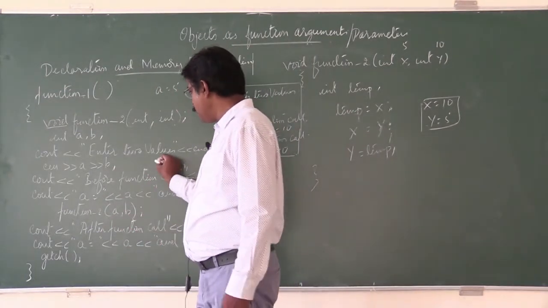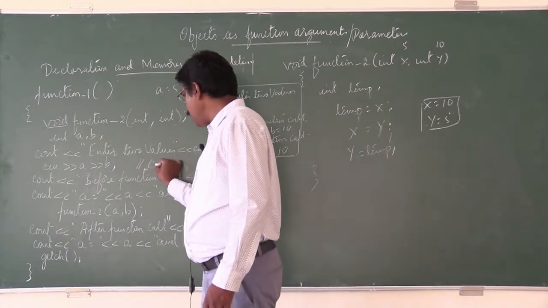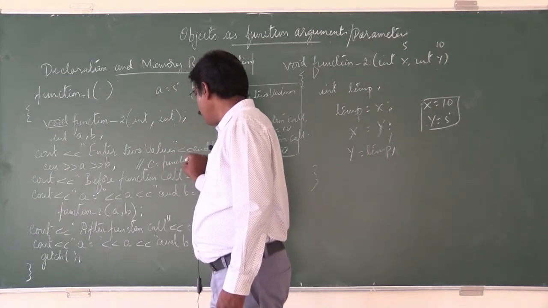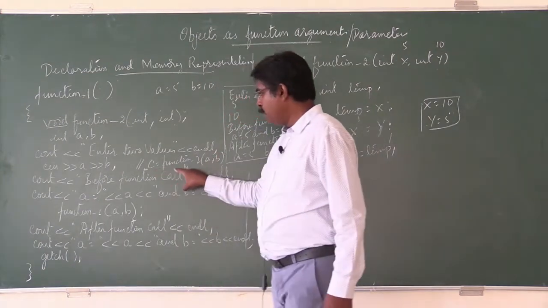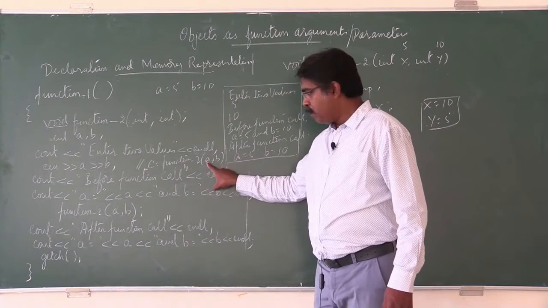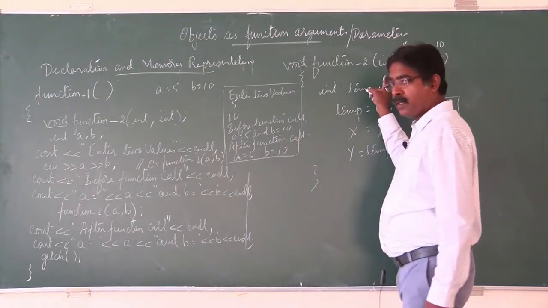Try to understand: C equals function_2 of A comma B. The arguments are A comma B. Then it goes here.